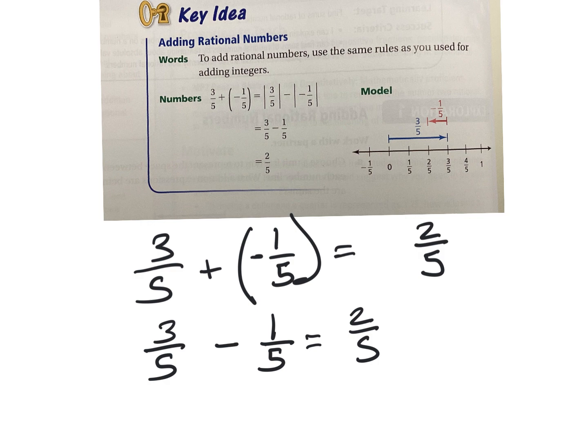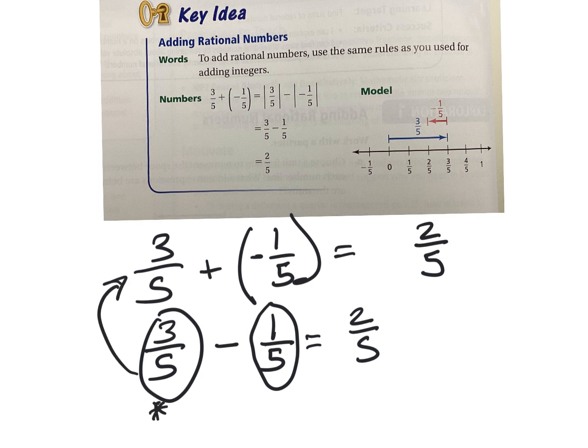Now I just have to decide, is it negative or is it positive? So I look at this right here and this right here. Which one's bigger? The 3/5 is bigger, so I come up here, and this is a positive, so this is a positive. So my answer is just 2/5.